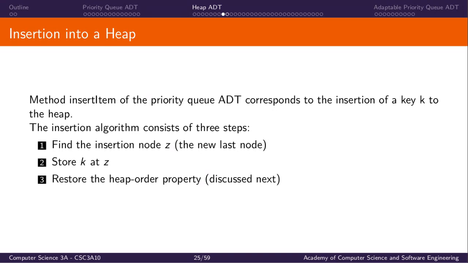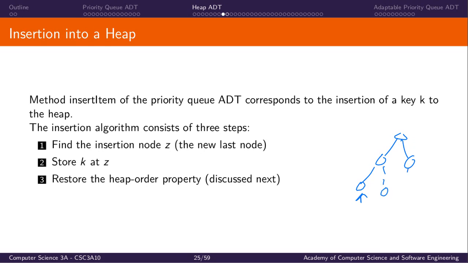So we want to find out where we should insert our new node. We know that we have to keep that heap property, that our external nodes are to the right of our internal nodes. So let's say we have a heap that looks like this. All right, this would be our last node, and we want to insert here.